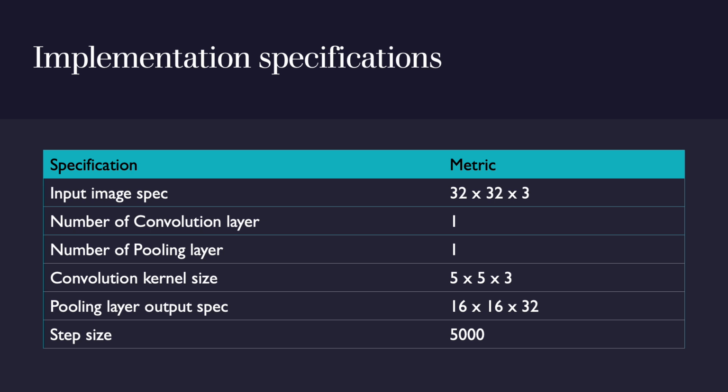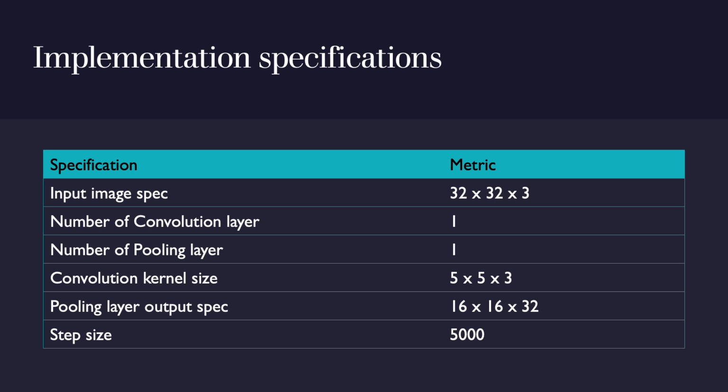In the baseline model, we have used one convolution and one pooling layer in the feature extraction subnetwork before feeding it to the fully connected layer. The dimensions before feeding to the fully connected layer is recorded as 16 cross 16 cross 32. Now, what is this 32?